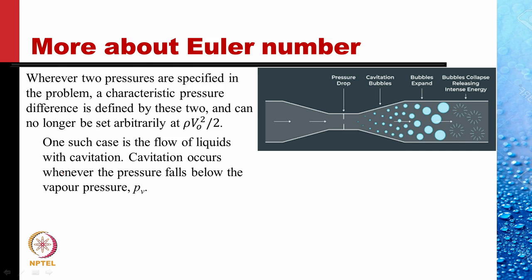As the flow accelerates in the converging portion, the pressure drops, and if it drops enough that the pressure becomes lower than the vapor pressure of the liquid, then vapor bubbles would form and grow. As they move into the diverging portion, there would be an increasing pressure, and this would tend to make the vapor bubbles collapse.